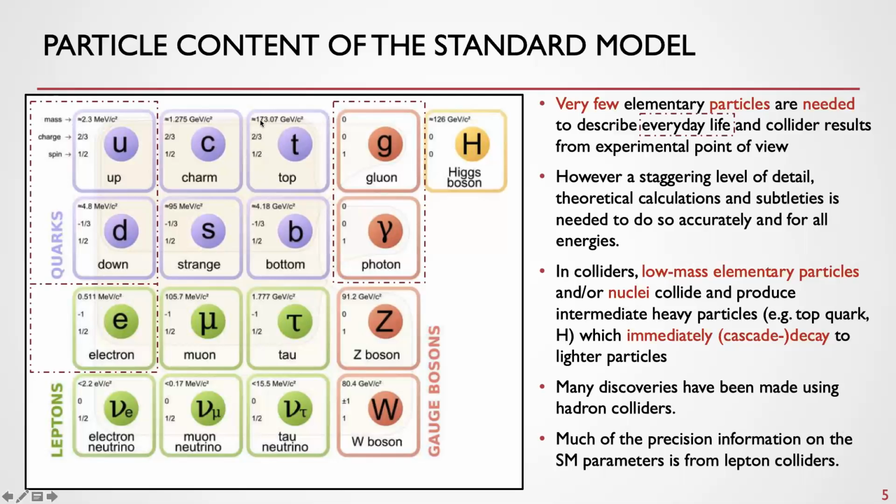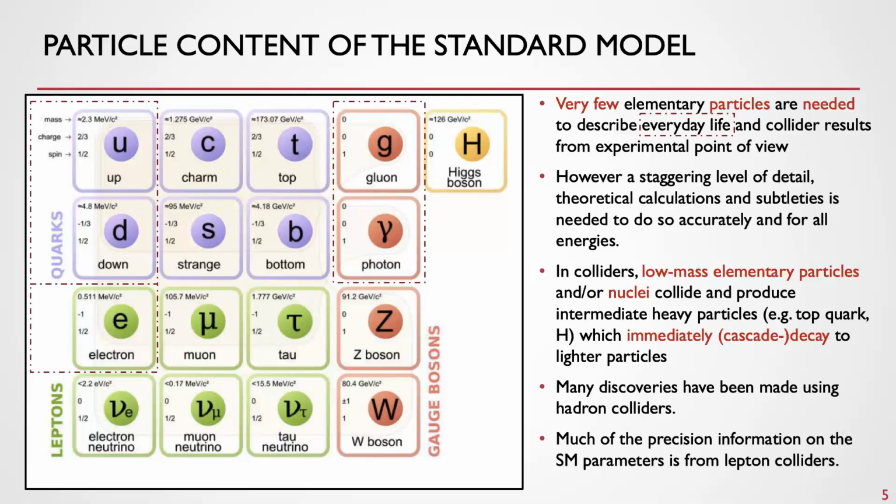It has 173 GeV. That's more than, a proton has a little bit less than 1 GeV. So that's almost 200 times the mass of the proton. So we collide the light particles, the electrons or the proton constituents, the up and the down quark or the gluon, to produce the heavy particles, the top quark, the Higgs boson, the Z boson with 91 GeV, the W boson with 80 GeV. And then those cascade decay back to the lighter particles, which we record.